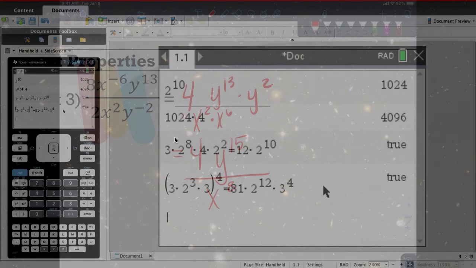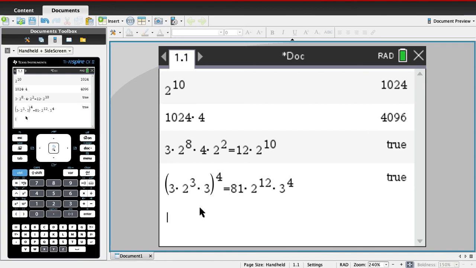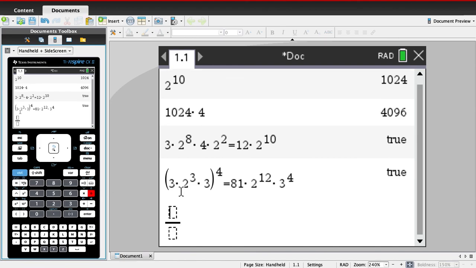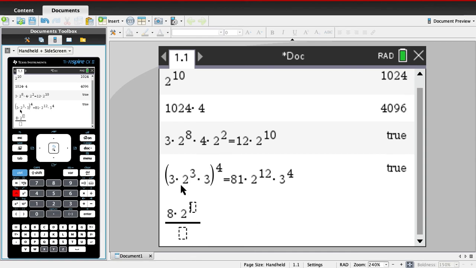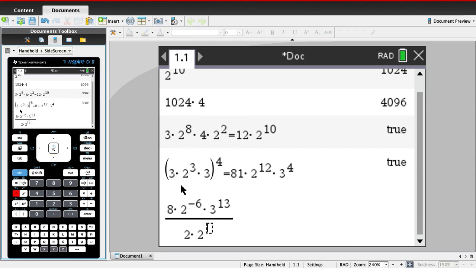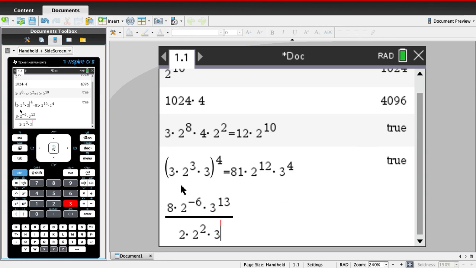Again, we'll do it in alphabetical order where x is starting as 2. So I'm going to go ahead and put my original problem in. So I'm going to go ahead and put that fraction, 8 multiplied times 2 to the power of negative 6, multiplied times 3 to the power of 13, all divided by 2 multiplied times 2 to the power of 2 times 3 to the power of negative 2.